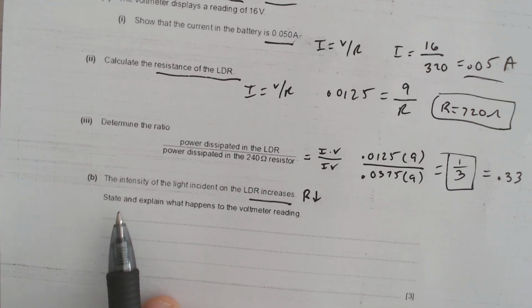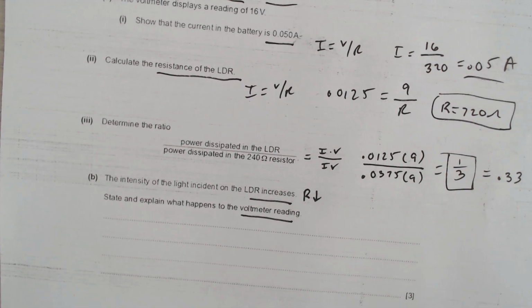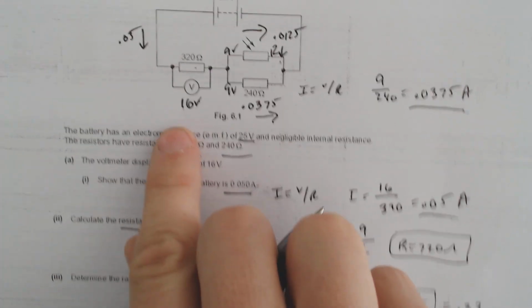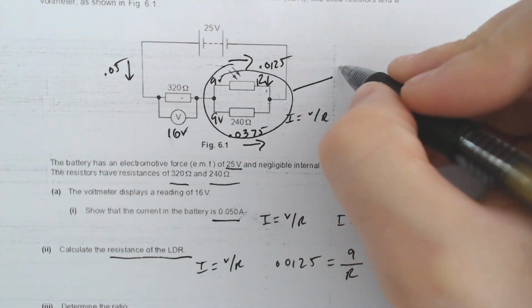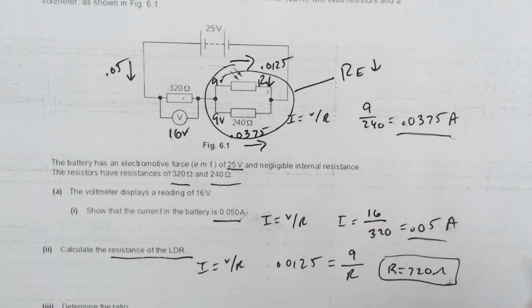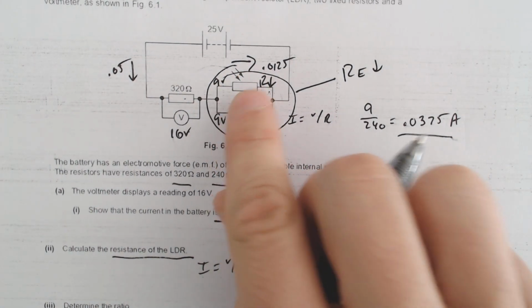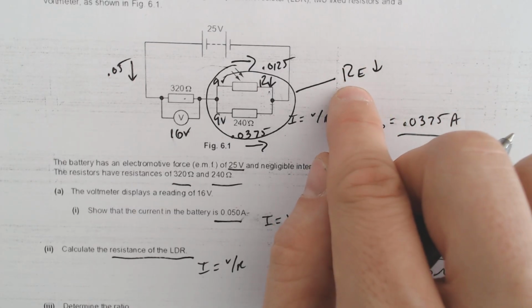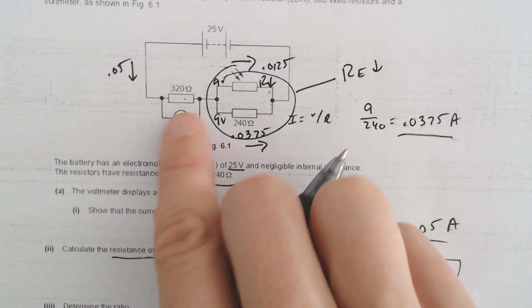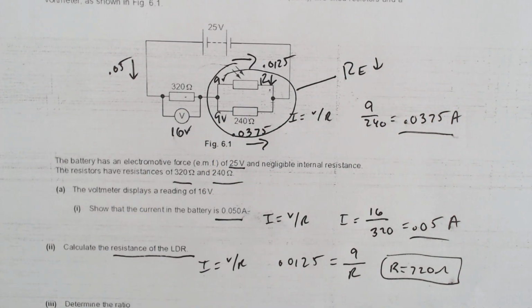For our question, it says, what will happen to the voltmeter? The voltmeter's over here. If that equivalent resistance goes down because we made the LDR brighter and therefore made that resistance less, that means that this resistor, the 320, its proportion goes up.